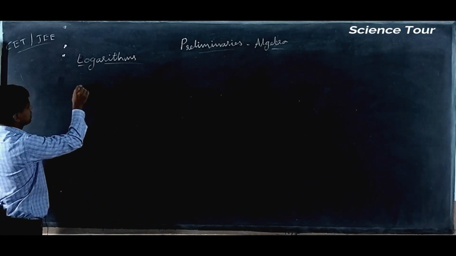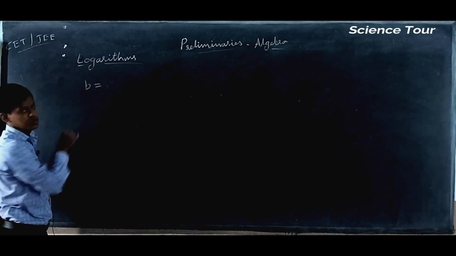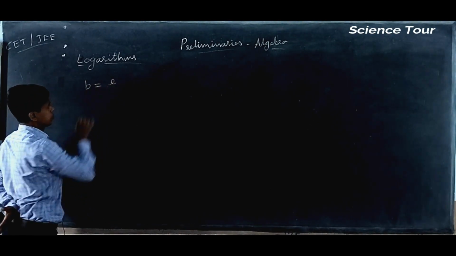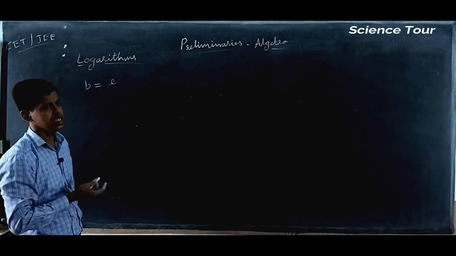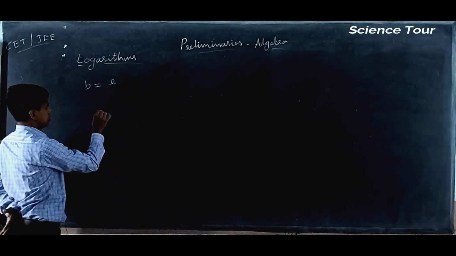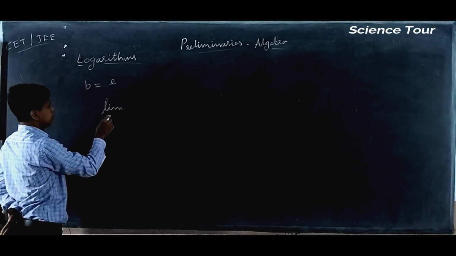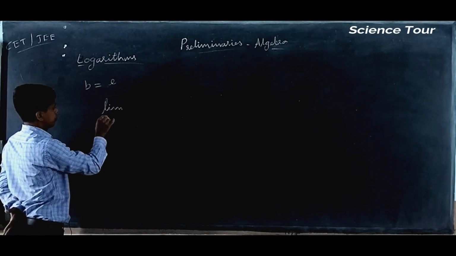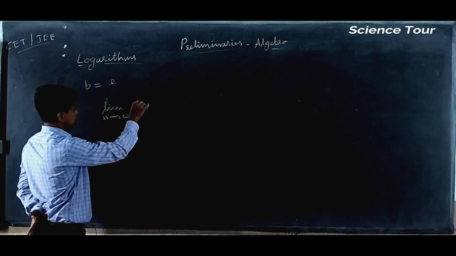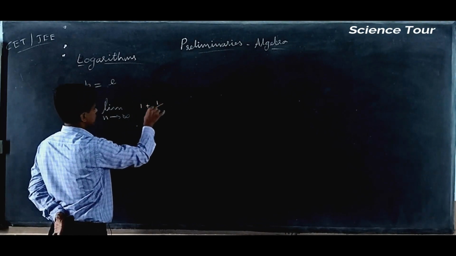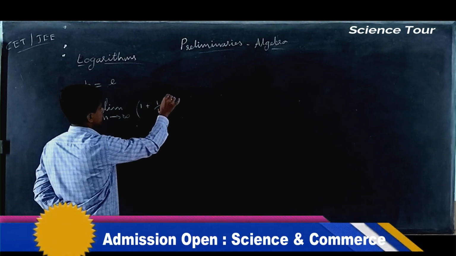Well, now if the base is E. Alright, see what is this E? E is actually the limit of 1 plus 1 by n to the power n.